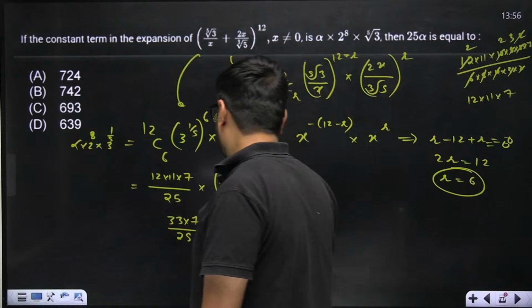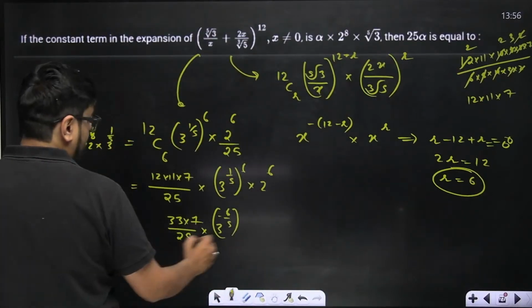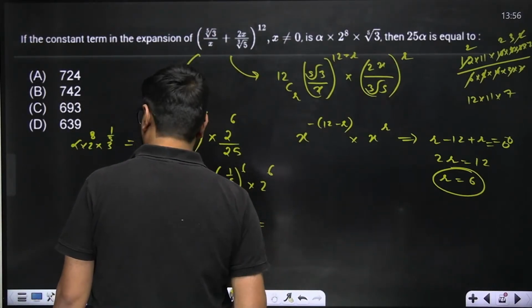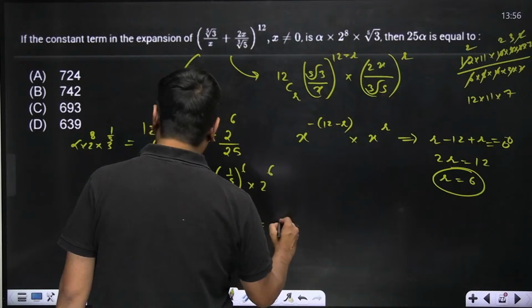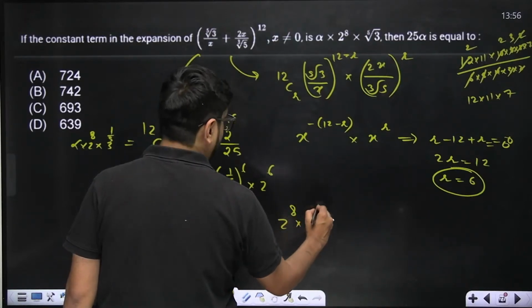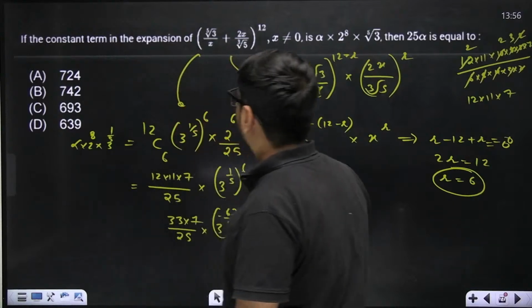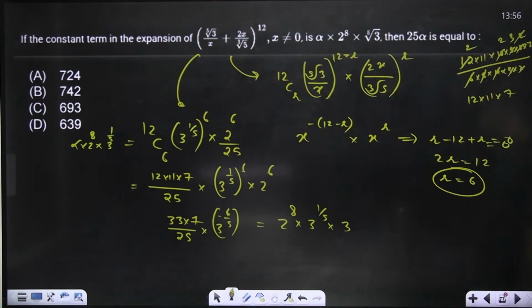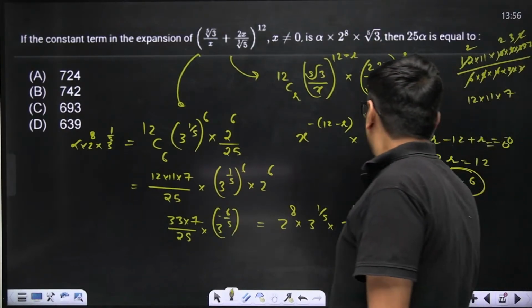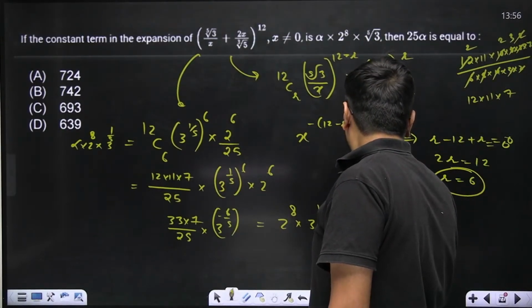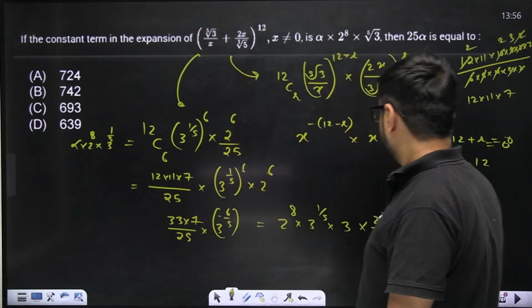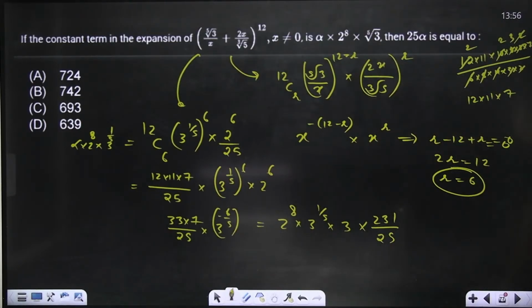That way if you break it, we get this side equal to 2 to the power 8 into 3 to the power 1 by 5 multiplied with 3. And obviously that 231 divided by 25 is definitely coming.